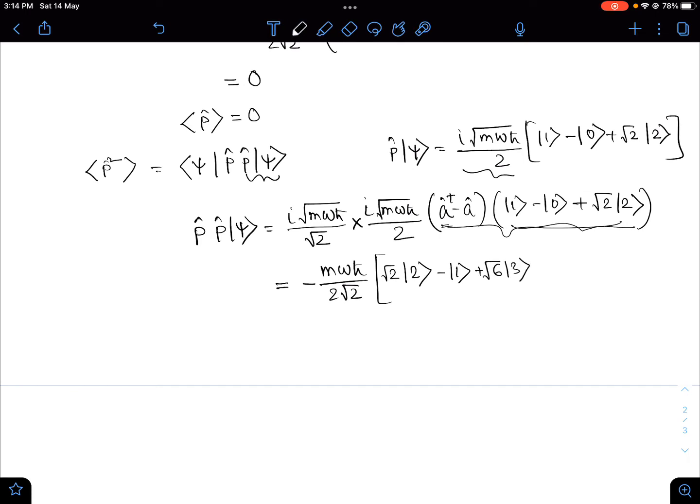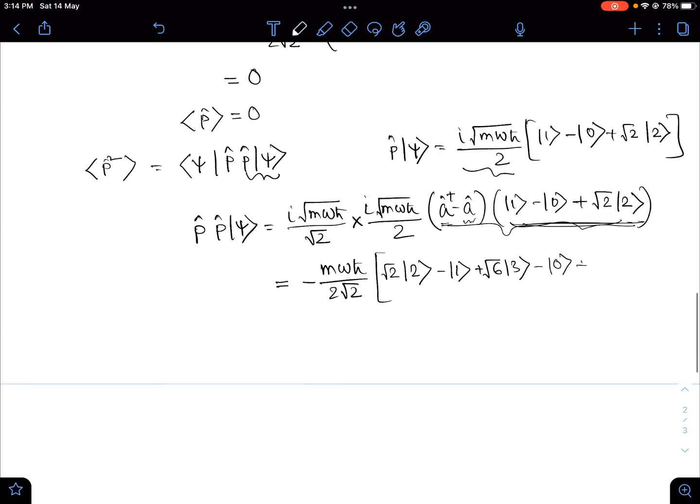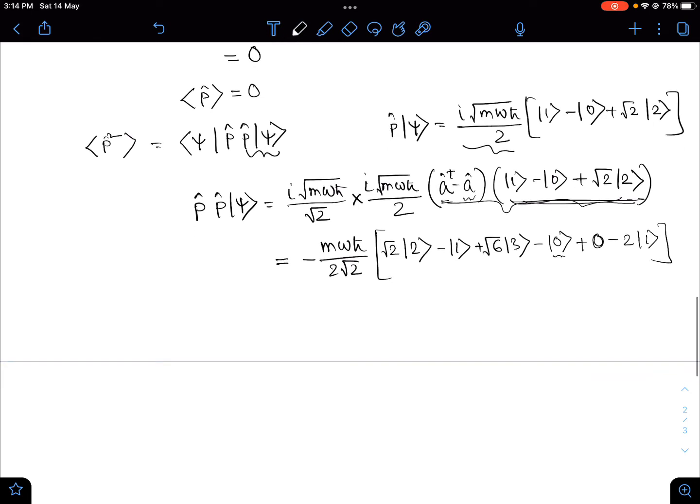Now apply the lowering operator on this. The first term will give us 0, the second term will give us the 0 state, and the last term will give us minus 2 |1>. So that is what we are getting.